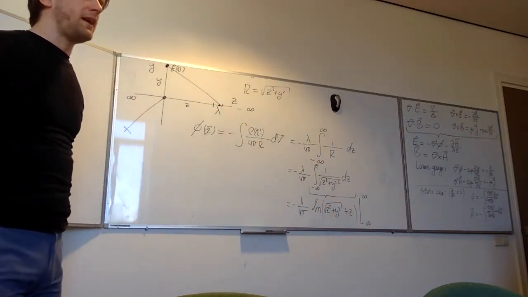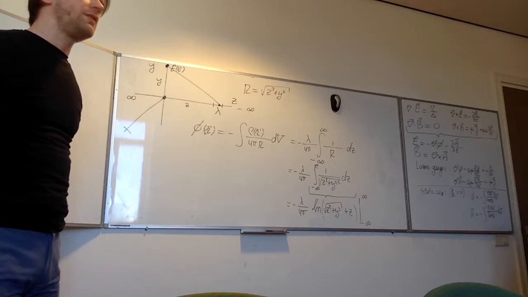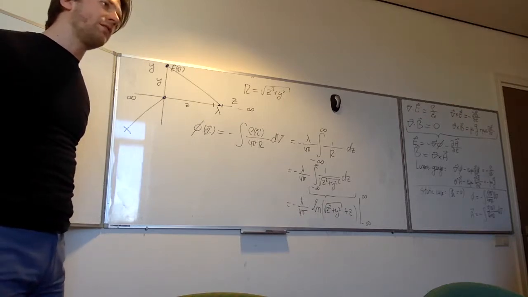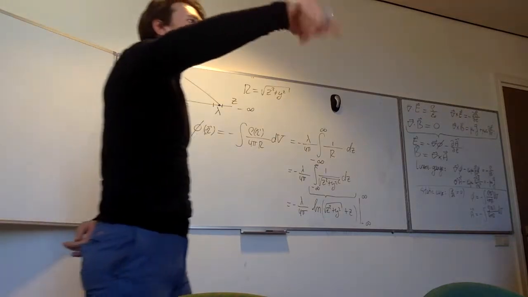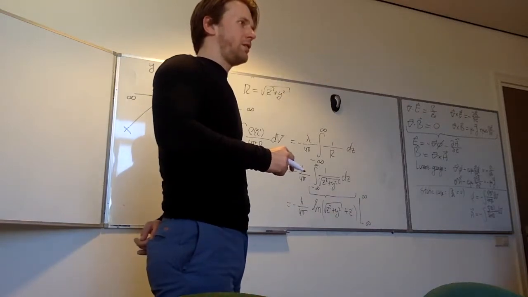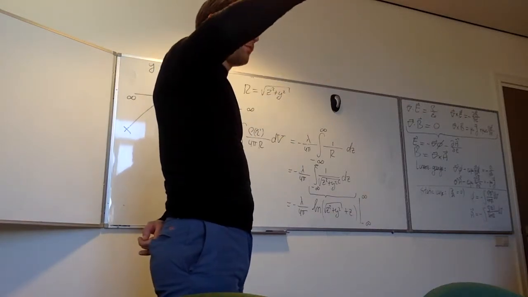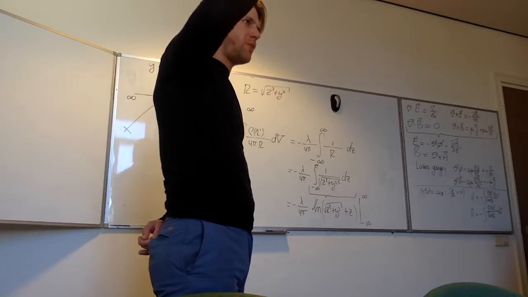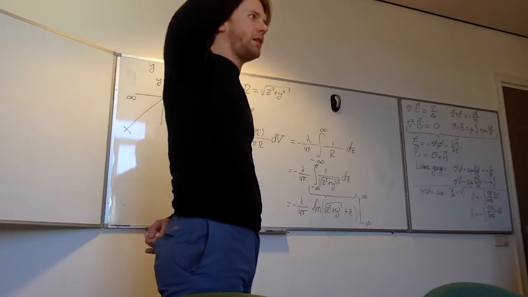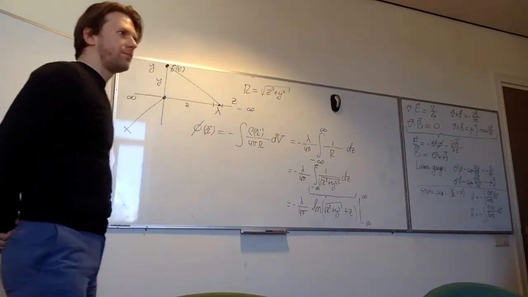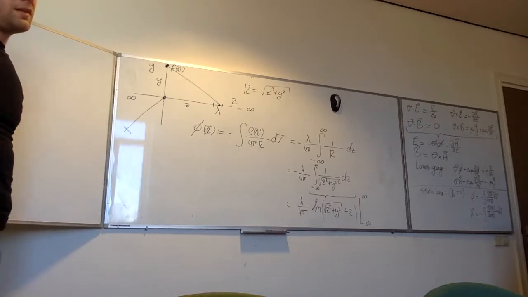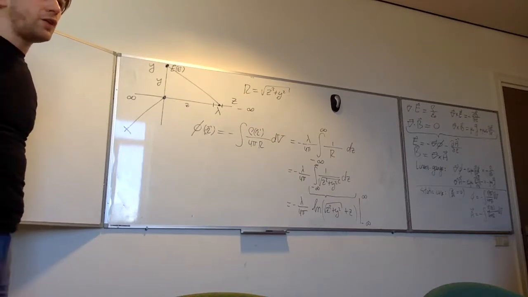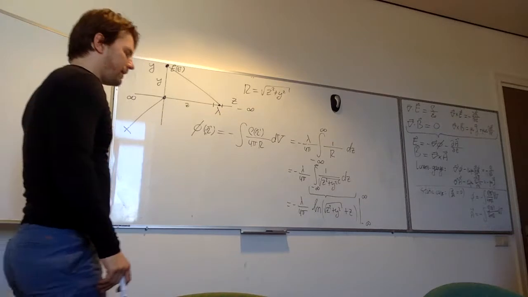There's a power minus 1/2. But the antiderivative of that would have +1 in the exponent. So it will give you this thing to the power +1/2, right? Minus 1/2 plus 1. So that means that in doing the differentiation, you don't pick up a minus, so I don't have to correct for it. Anyway, this is the solution.